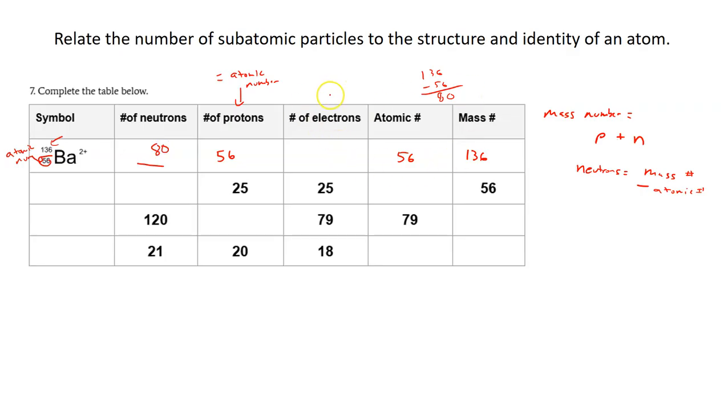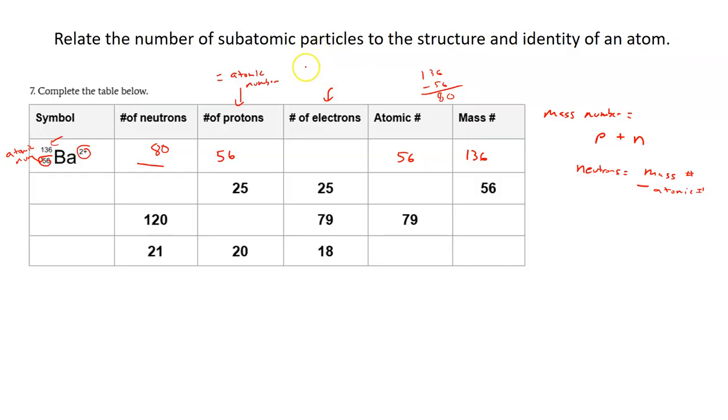Okay, and for our number of electrons, remember our charge, so we have a charge of +2. Okay, so this is a barium ion, not a barium atom. So in this case, we have a +2 charge, so that means that the combination of our protons and electrons equals our charge.